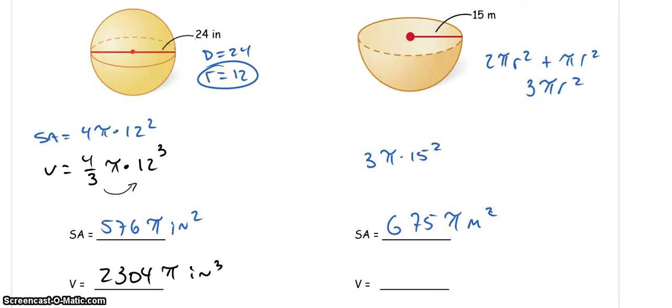Now think about the next problem, volume. With surface area, we had to add an extra circle. Is that still true with volume? Well, think about what volume's measuring. Volume's measuring the space inside of the figure.